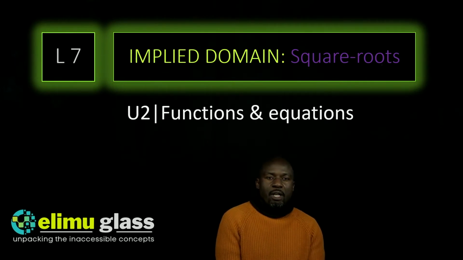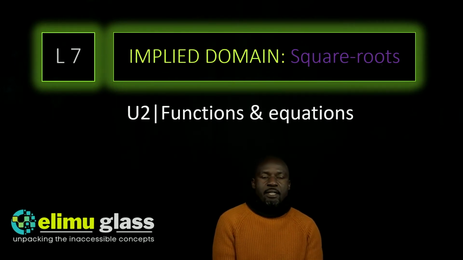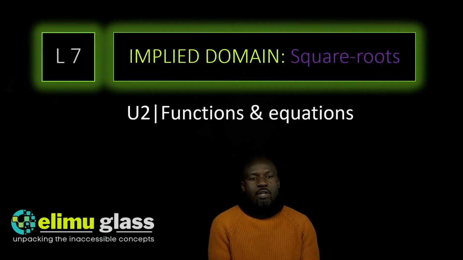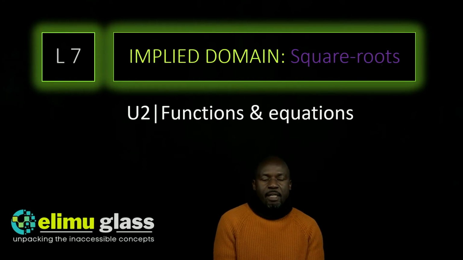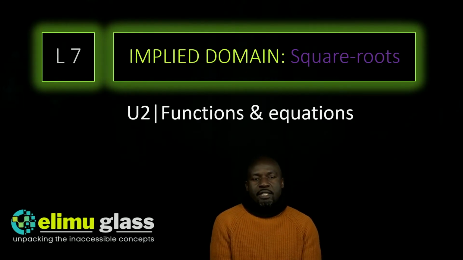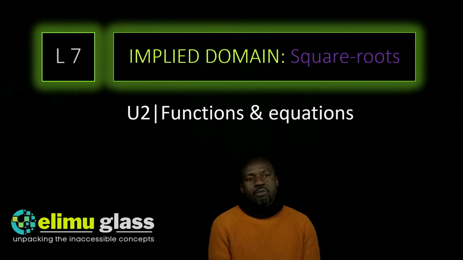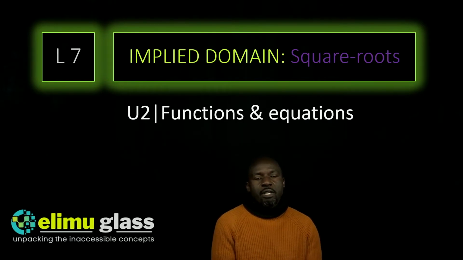In this lesson, in this unit functions and equations, we are in lesson number 7, and in lesson 7 we'll be talking about implied domain. We started with relations and functions and looked at certain basic ideas, and now we are going into parts that are really critical in the study of functions, and the first of this is going to be the implied domain.